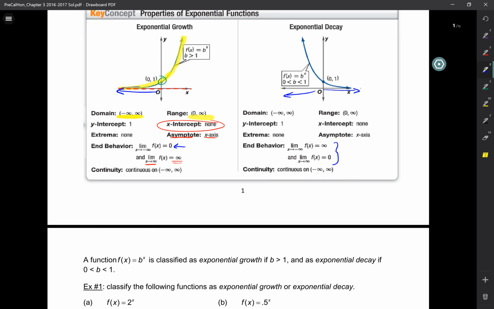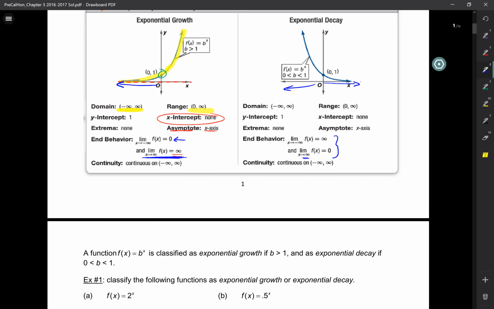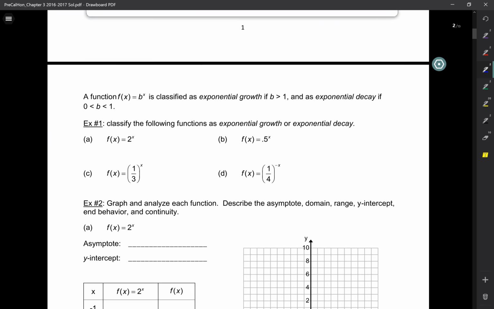So always remember that for growth, as you approach the positive infinity values, your graph approaches a y value of infinity. And for decay, as you approach the positive infinity values, your graph decays to 0. Well, that's if you have the graph. What if you don't have the graph? What if you're looking at an equation?